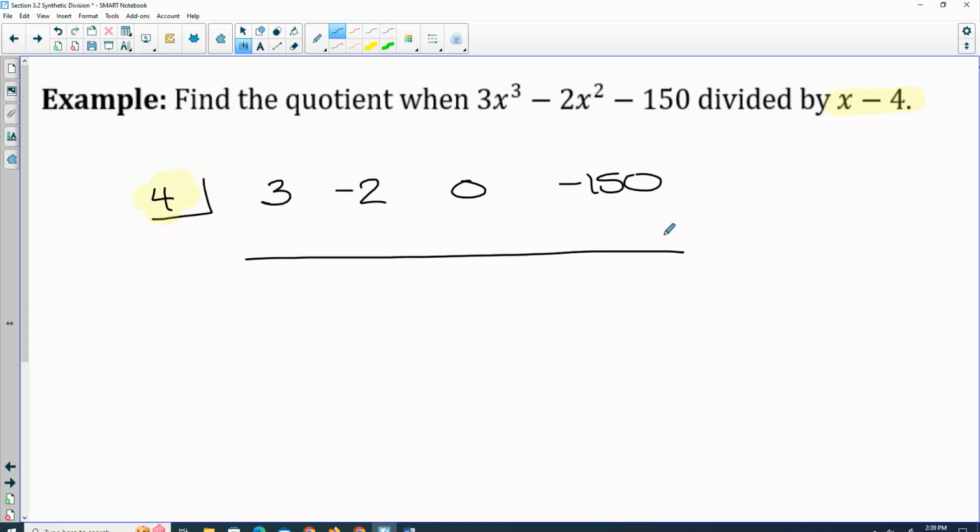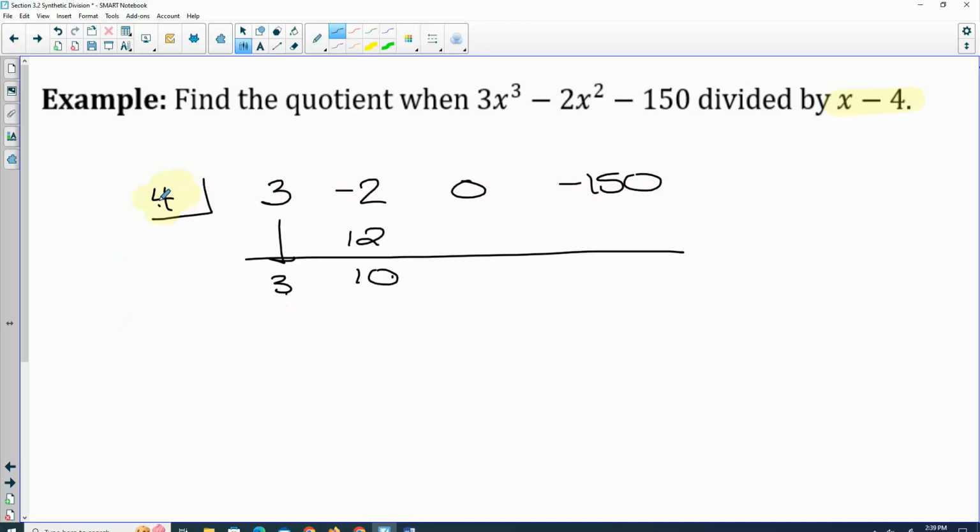All right, now it's the same essential steps from our division. The first number comes all the way down. Okay. So then you multiply. What is 3 times 4? 12. And then we add. Negative 2 plus 12. Okay, so it's just a series of multiply and add.